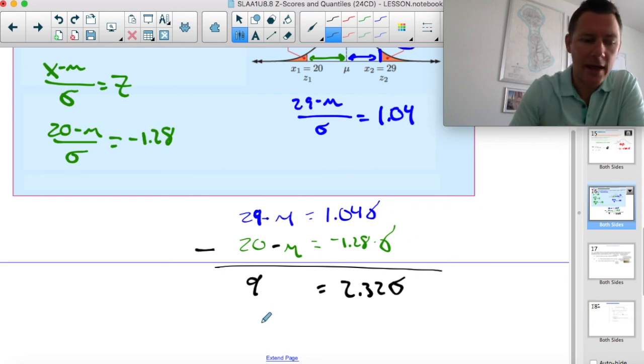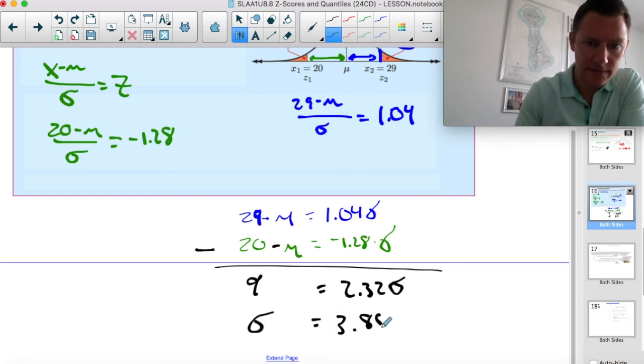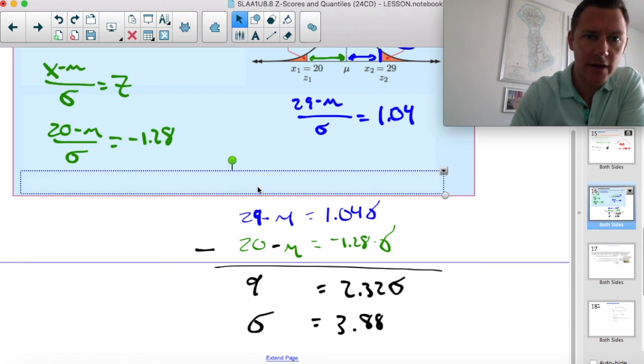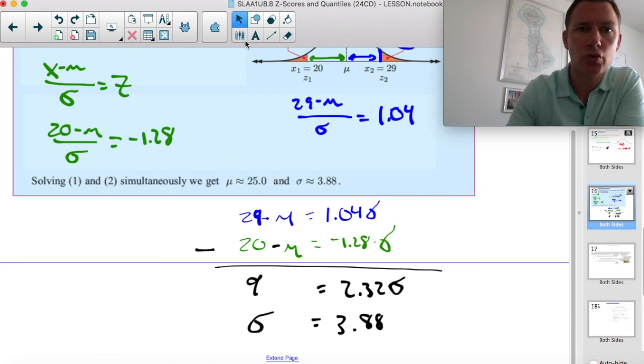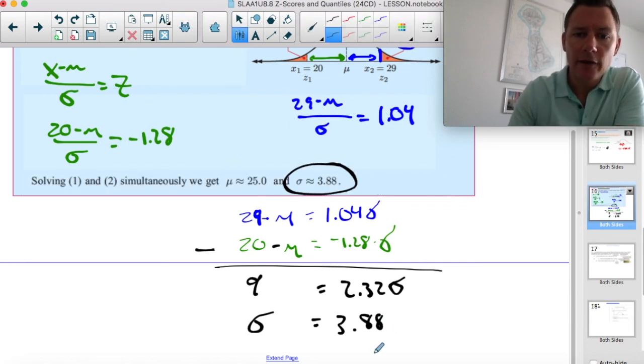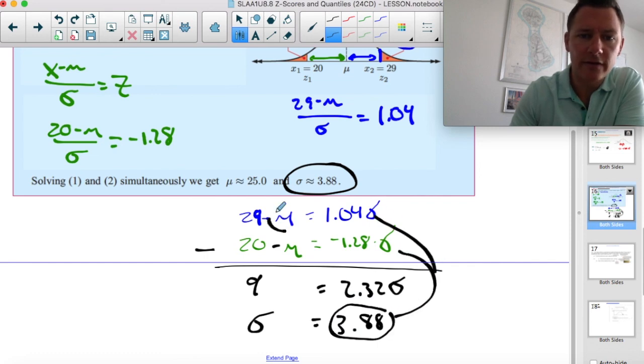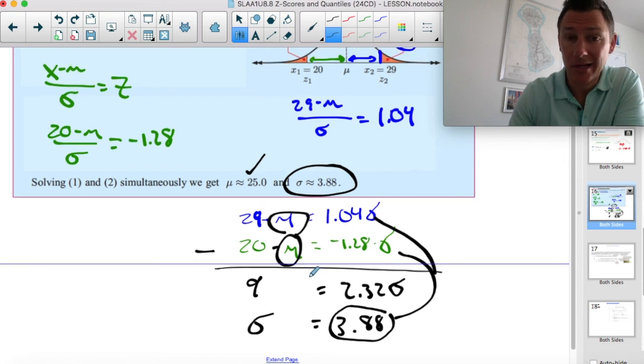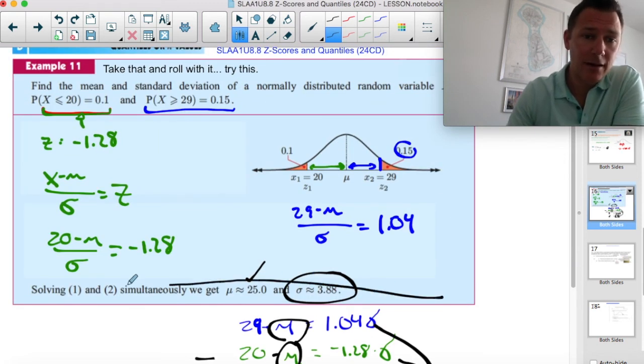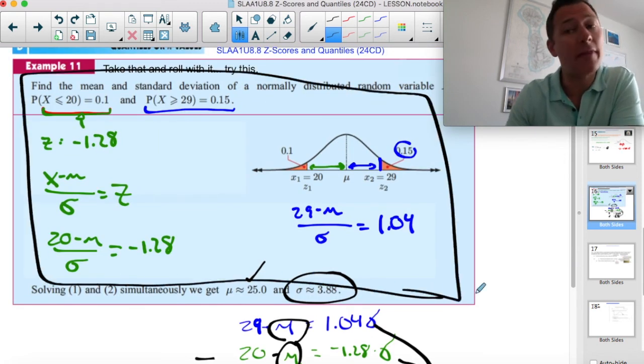And when you divide, you get 3.88. Voila! You take your 3.88 as sigma, plug it back into here or here, and solve for mu. Solve for mu, you get 25. That's the hardest thing in probability that they can throw at you.